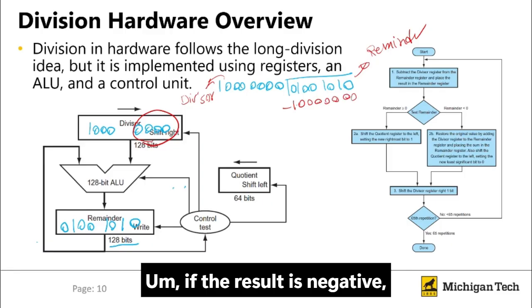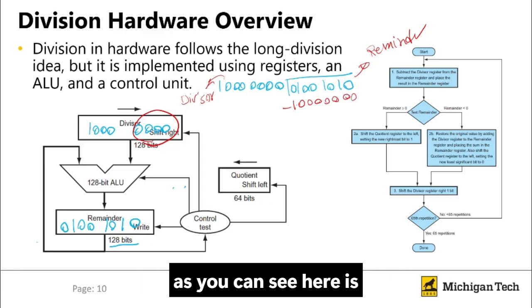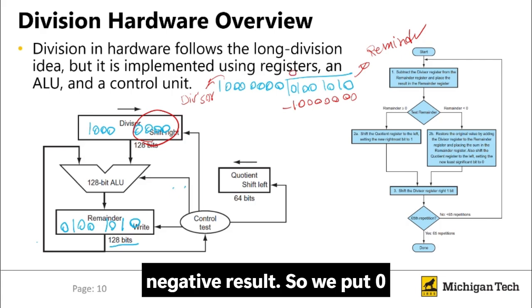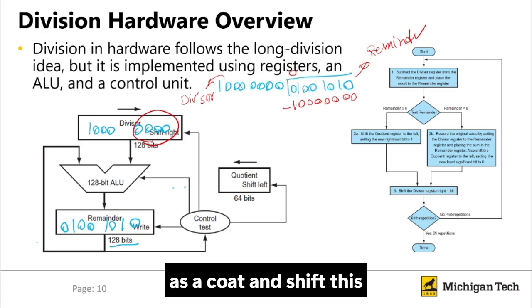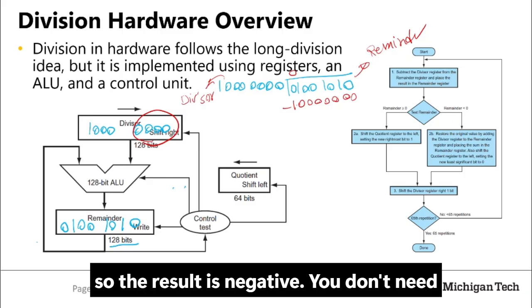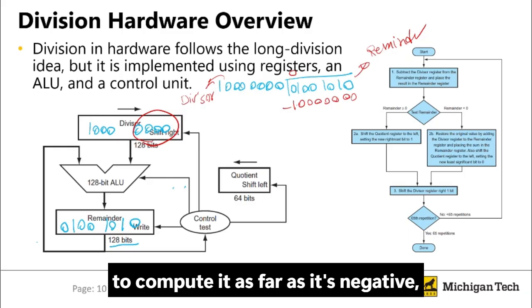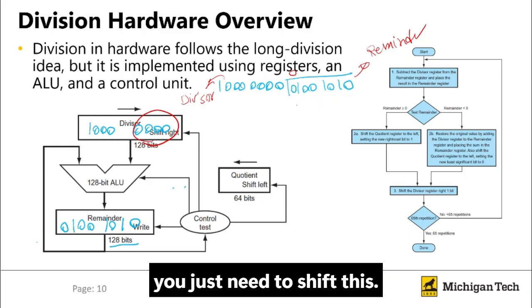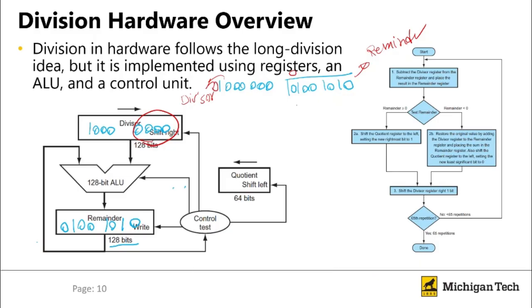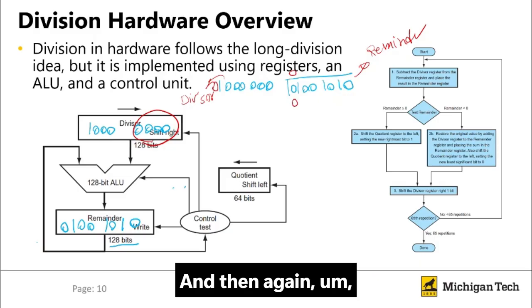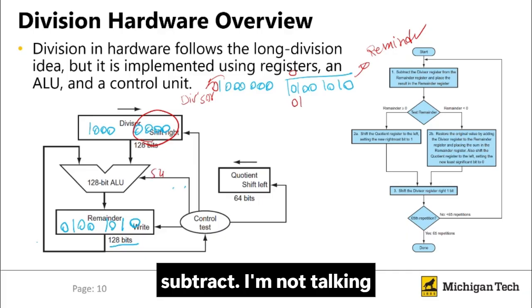If the result is negative, as you can see here, it is negative, so we put 0 as the quotient bit and shift the divisor to the right. The result is negative, so you don't need to compute it. As long as it's negative, you just need to shift this and then again do the subtraction.